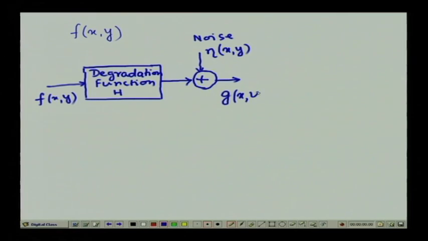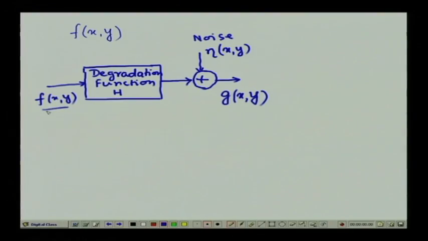So, this g x y is the degraded image which we want to recover. From this g x y we want to recover the original input image f x y using image restoration techniques.